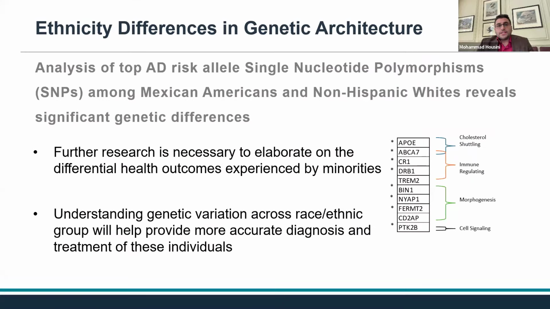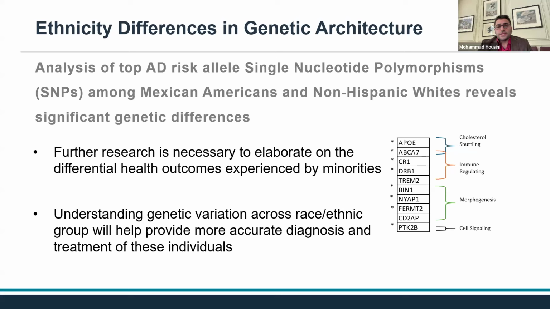So our analysis shows that the top 10 risk alleles for Alzheimer's and the single nucleotide polymorphisms there are quite different. And you can see on the right-hand side, these top 10 genes fall into buckets of things like cholesterol shuttling, immune regulation, cellular morphogenesis, or cell signaling.